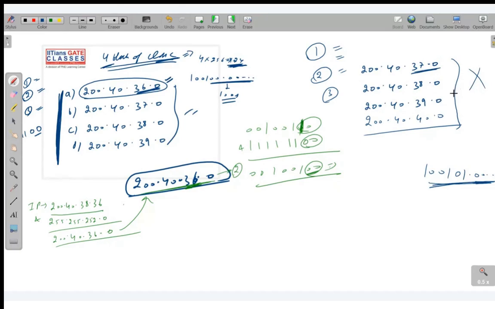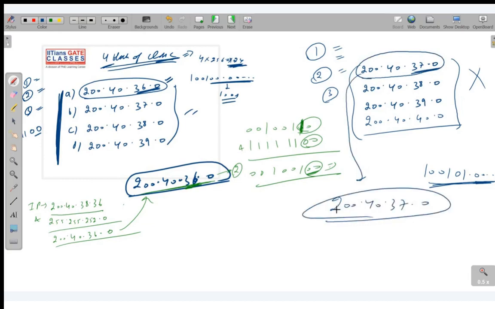According to the rules, the internet router will hold the first address, so you will get 200.40.37.0 in the internet router, and they will apply the supernet mask. The supernet mask is the same, 255.255.252.0.